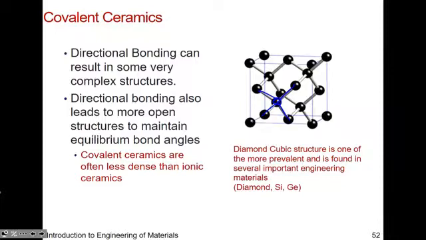This type of bonding in these materials can also lead to structures that are less dense than, say, BCC, FCC type metallic bonding. But they are quite applicable in the semiconductor industry. Silicon also has the diamond-based structure.